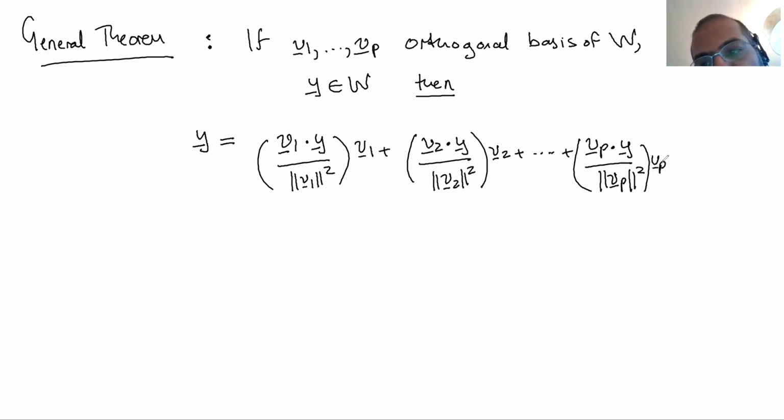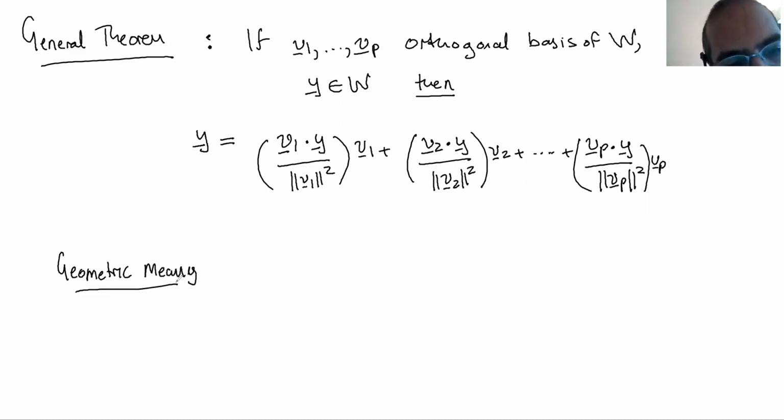Okay. And maybe speaking to Castro's question, what is the meaning of this? What's the geometric meaning? So I'll just draw the picture in R3, partly because I don't know how to draw R4. So suppose I have an orthogonal set in R3, right? Suppose it looks like this.